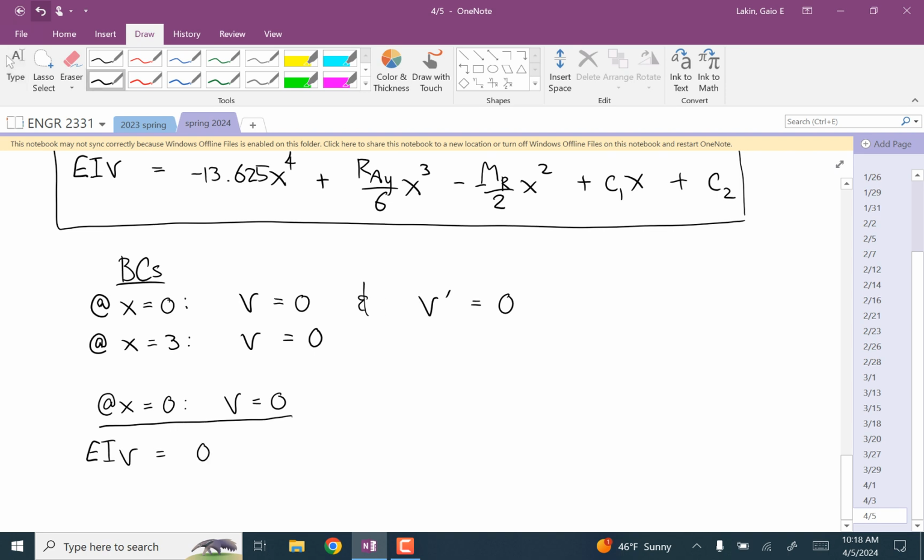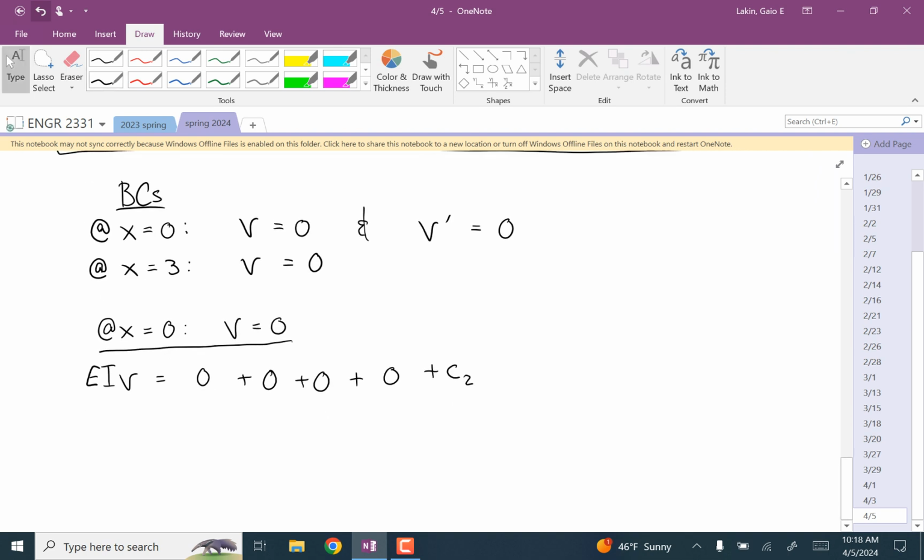We have 0 plus 0 plus 0 plus 0 plus C2. And that's equal to 0 because the deflection is 0. And so this tells us that C2 is equal to 0.